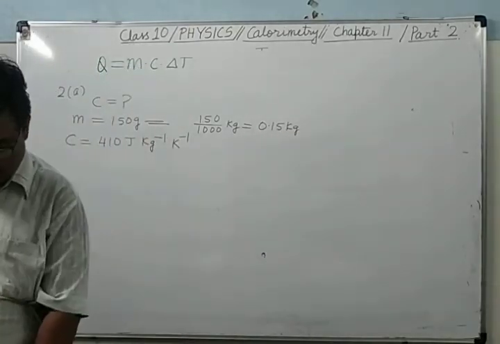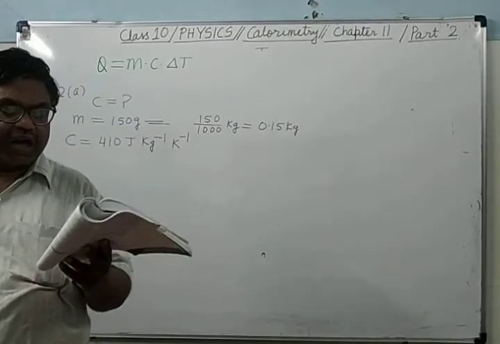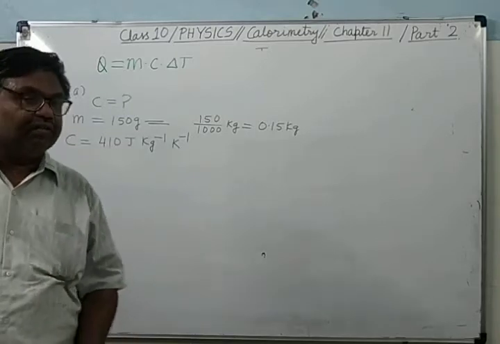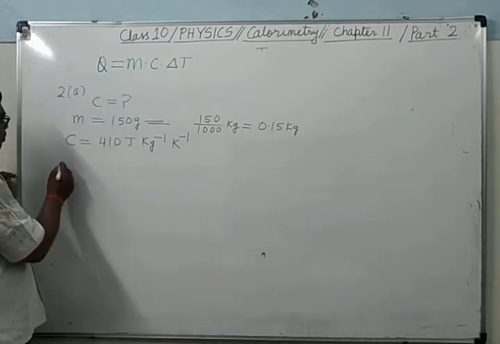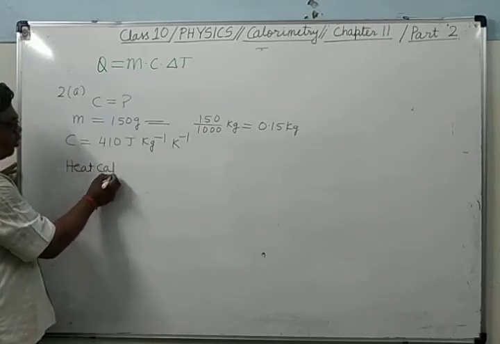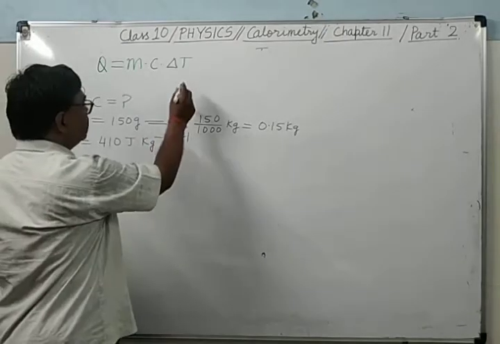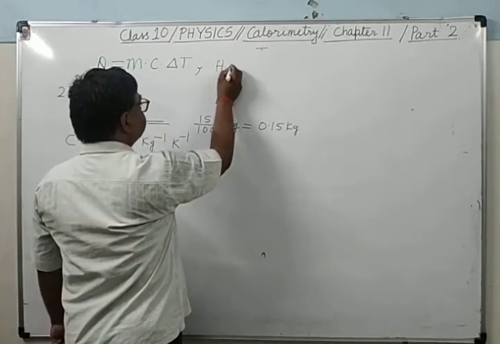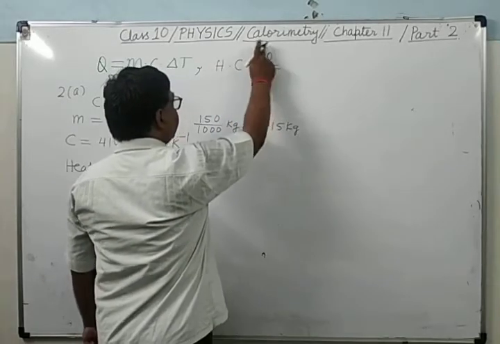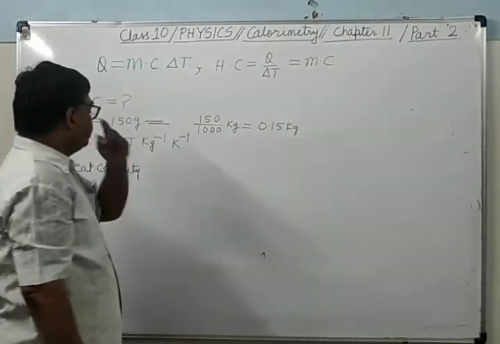So here in the question it is given, calculate the heat capacity of the copper vessel if the SHC is this and mass is this. So what is the formula of heat capacity? As you know, there are two formulae. One formula of the heat capacity is Q upon delta T and another is M into C. Here which one will you apply?